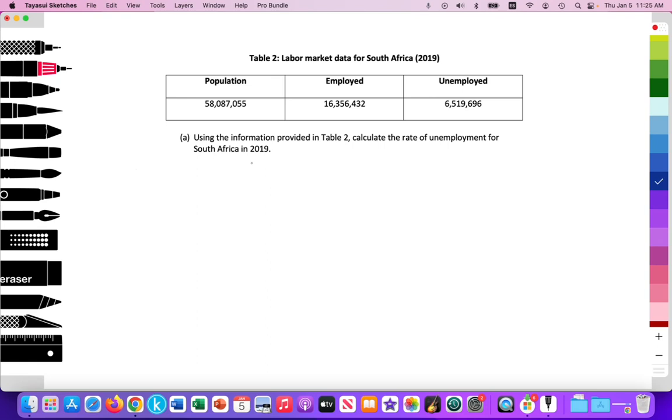Okay, so let's check your work. First, we have to understand how we calculate unemployment based on the key factor of the labor force. So the labor force is equal to the sum of the quantity of employed labor plus the quantity of unemployed labor.